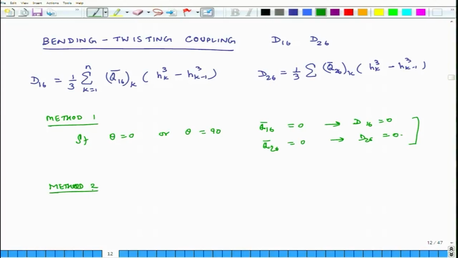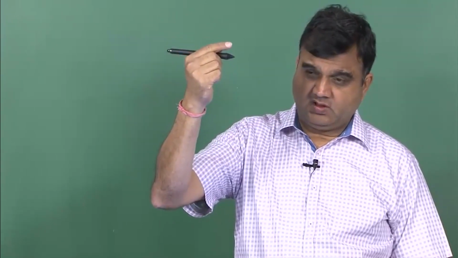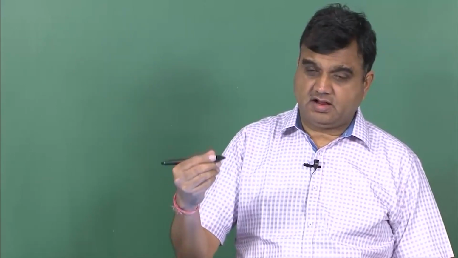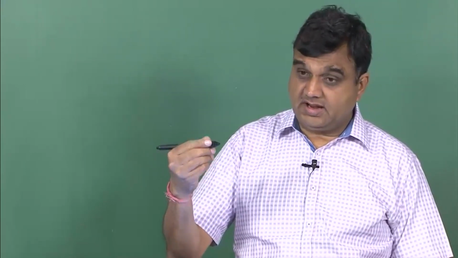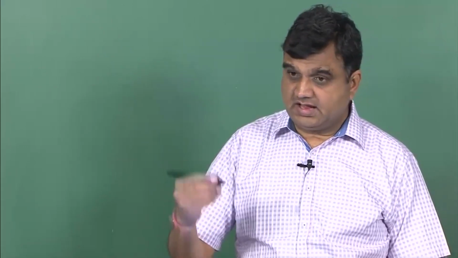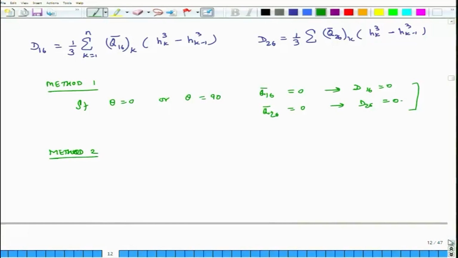So, in the other method, if we have a layer oriented at theta above the mid plane at a certain distance, and if we have another layer at an orientation negative theta below the mid plane at the same distance, then their contributions will add and cancel out. So, let us look at this method.